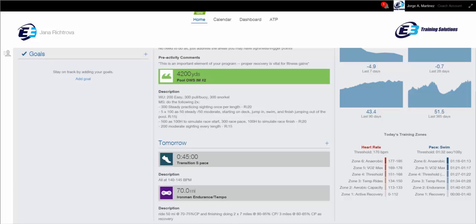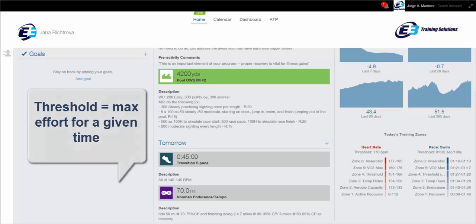Threshold is just a way that we are able to determine a point in fitness and a point in time during your training based on various concepts. That threshold just tells us your ability to do a particular work over a particular period of time.